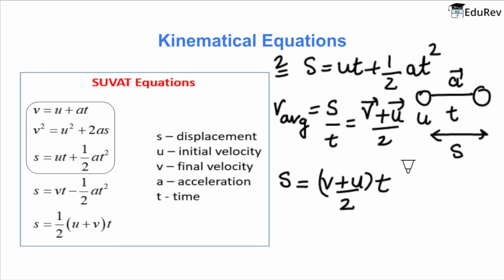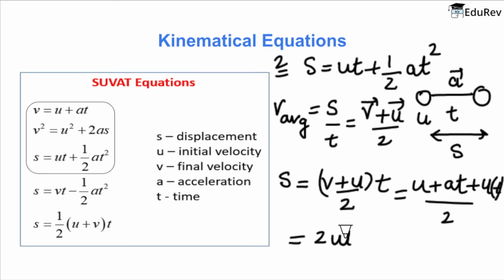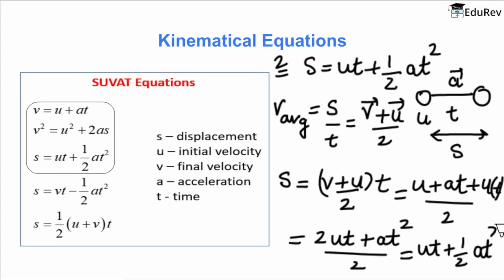And if we substitute v, we take this value of v here and put it over here, then this gives us (u plus at plus u) divided by 2 multiplied by t. And if you rewrite this, you will get (2ut plus at squared) divided by 2, which is nothing but ut plus half at squared. So that's how we derived our second equation.